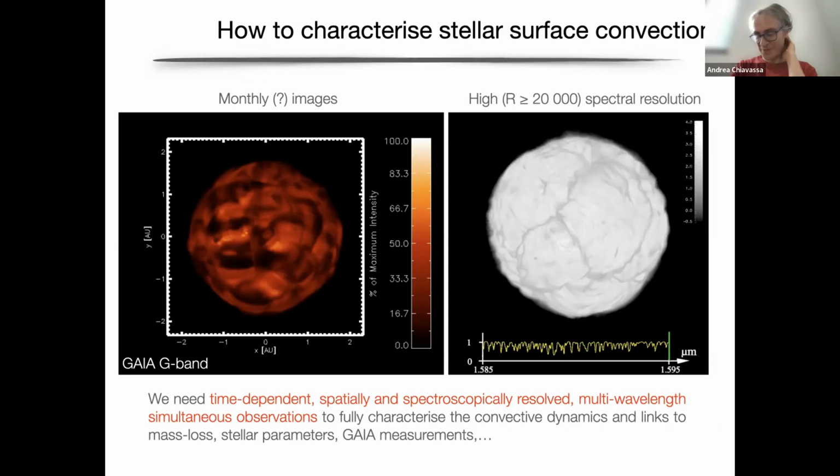Yes, this is a good point. Of course, everything here has been shown as if the star was alone. If you put in a very close binary, I suspect that the interaction with the companion could actually change the convective pattern we see here. And of course, this is something that has to be taken into account, also for all kinds of observations afterwards. So the convective pattern is expected to change.